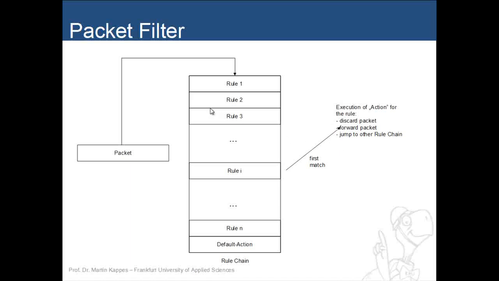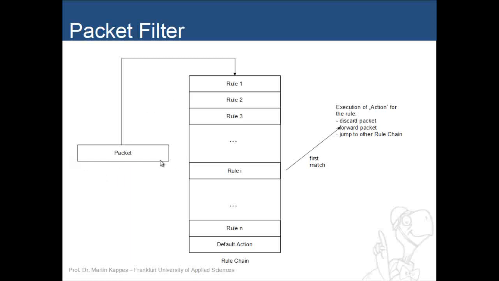So you might have a rule which would say, all TCP traffic, please go to my special chain which I built for TCP. Most packet filters allow the users or administrators to create their own rule chains for particular tasks. So that's how a packet filter works in principle.